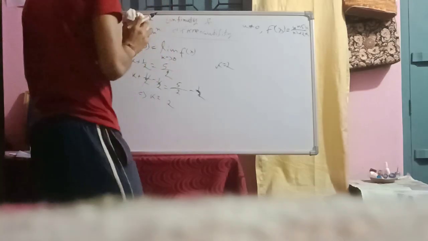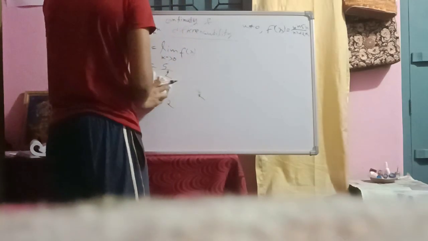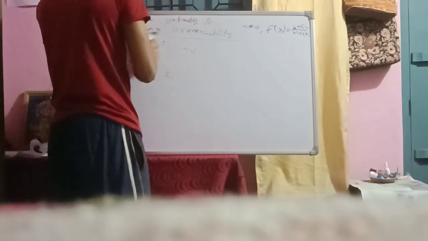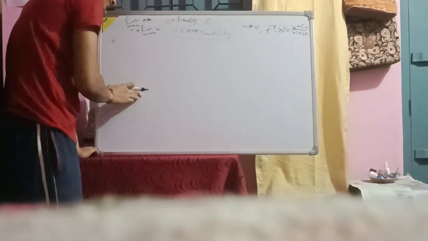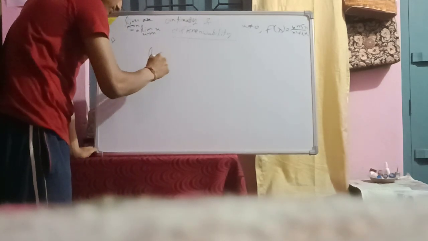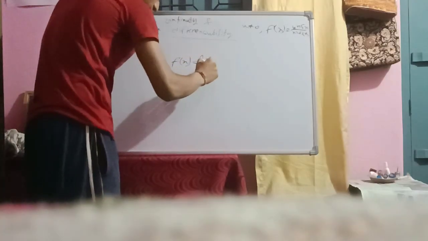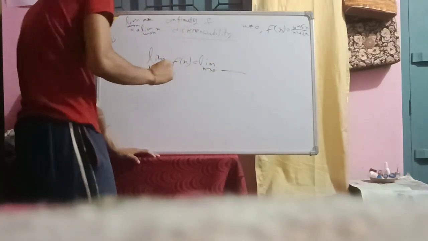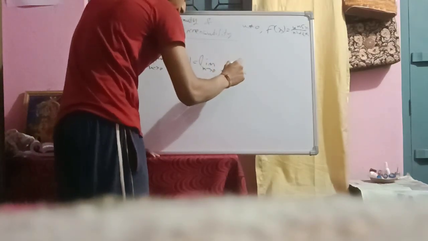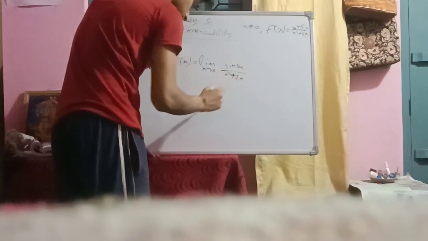Now this can be done using L'Hopital's rule as well. The limiting value as x approaches 0 of f(x) is the limit as x tends to 0 of sine 5x over x squared plus 2x.